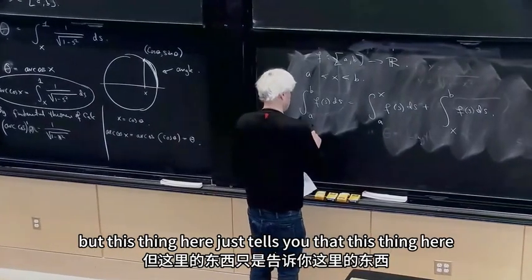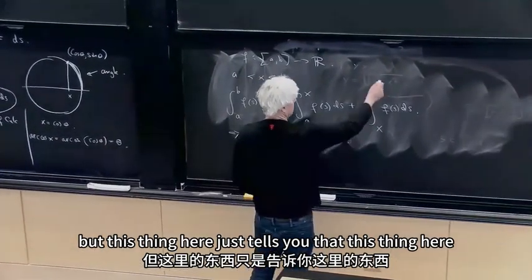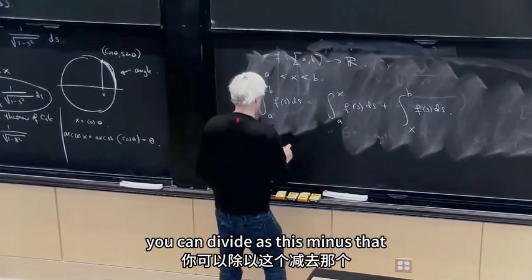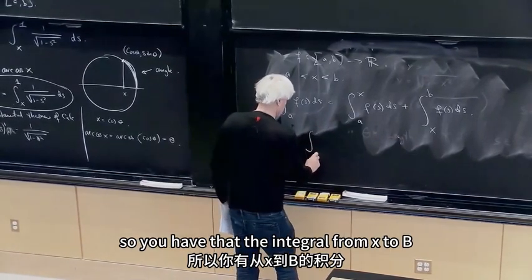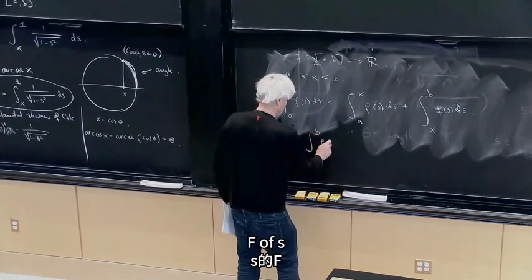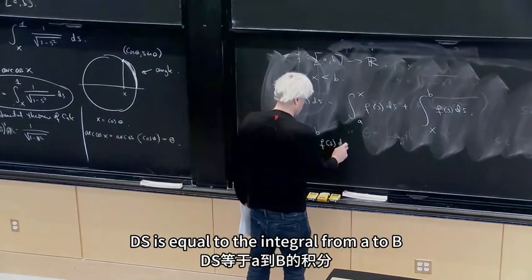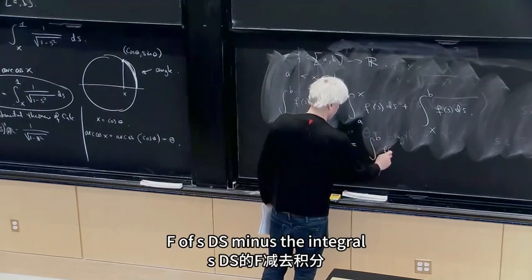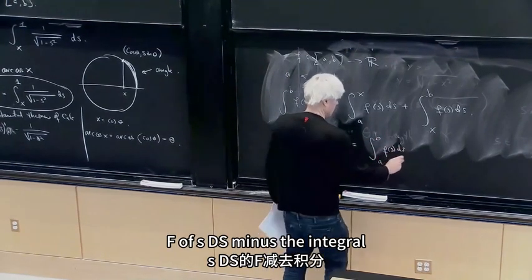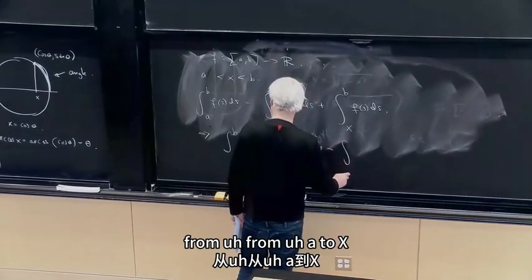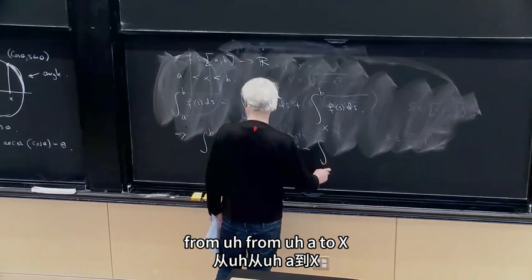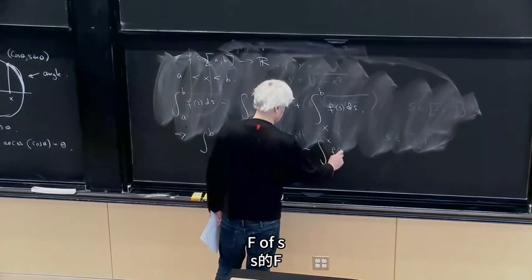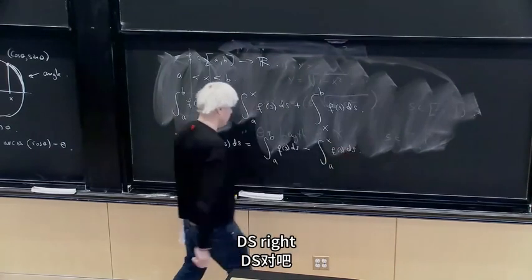But this just tells you that you can rewrite this as this minus that. So the integral from x to b of f(s) ds is equal to the integral from a to b of f(s) ds minus the integral from a to x of f(s) ds, right?